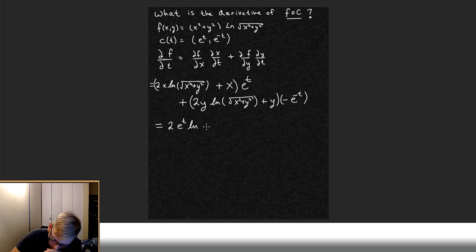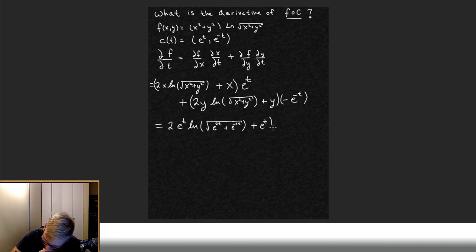And we have natural log of the square root of, so this is x squared, so e to the t squared, which is e to the 2t, and then plus y squared, so e to the negative 2t. And we're going to close the bracket, plus x, which is e to the t.